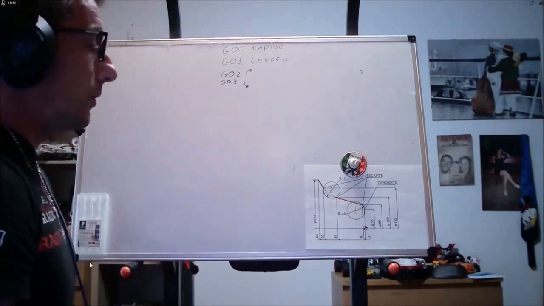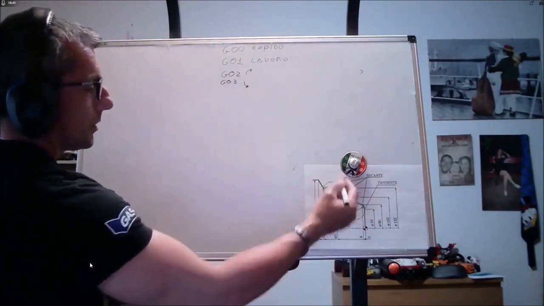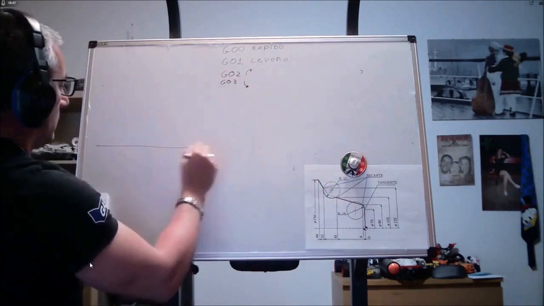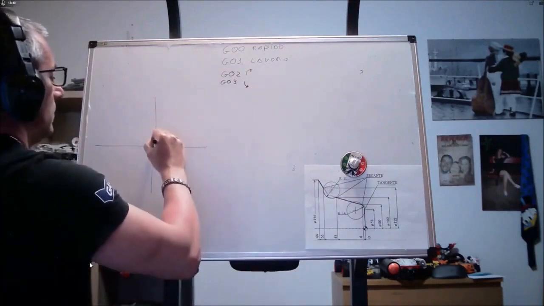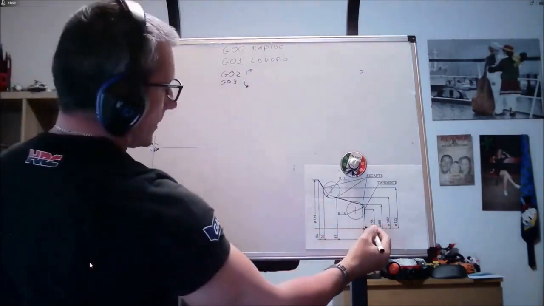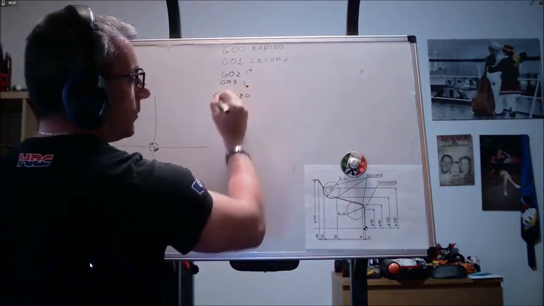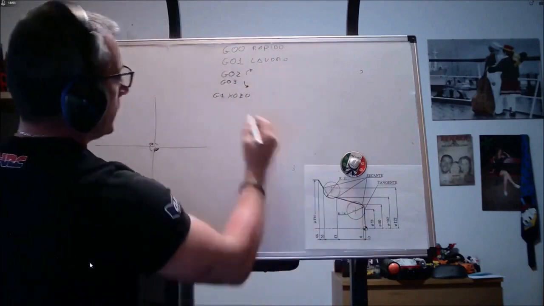Now let's program this part, always focusing only on G1, G2 or G3. This is our part. So, we always start from X0, Z0. G1, and go to X53.